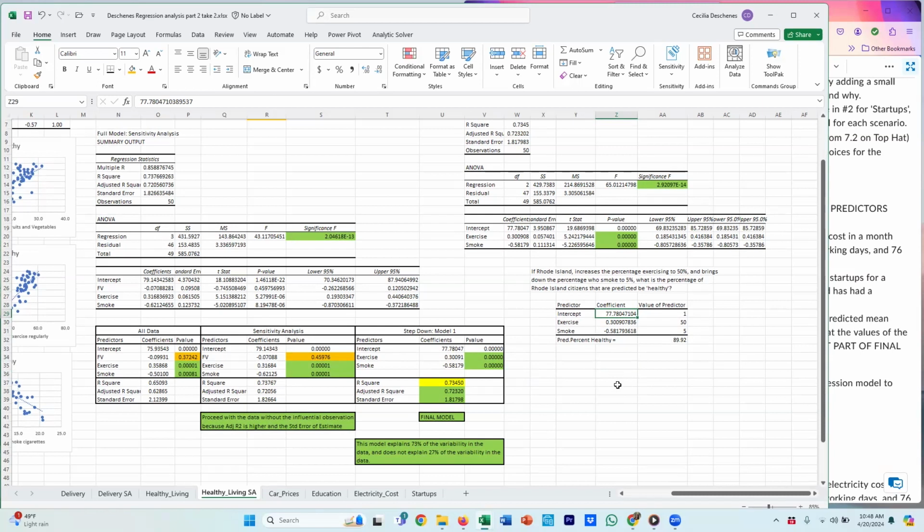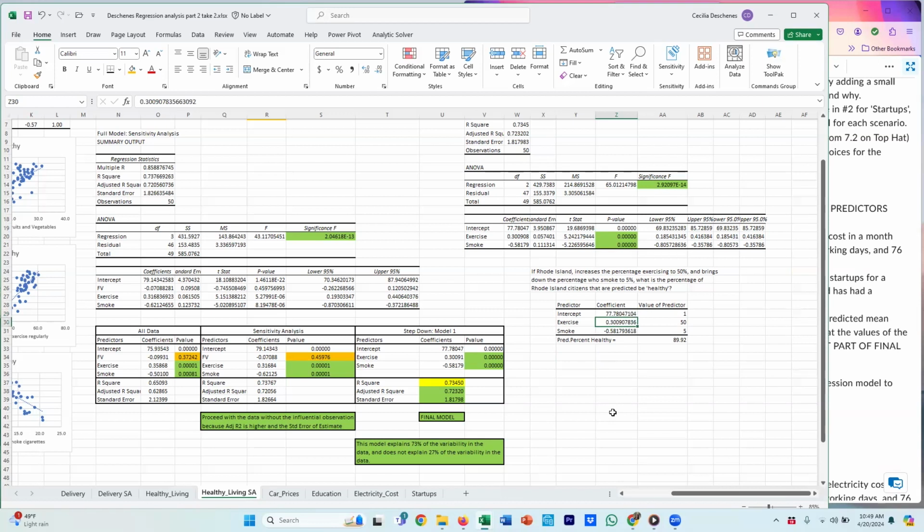Now, for each additional percentage of the population that is exercising regularly, you are going to raise the percentage that are healthy by 0.3. And for each additional percentage of your population that is smoking, you're going to decrease the percentage in your population that are healthy by negative 0.58%. Okay, so that's how we interpret it. It's always rise over run.